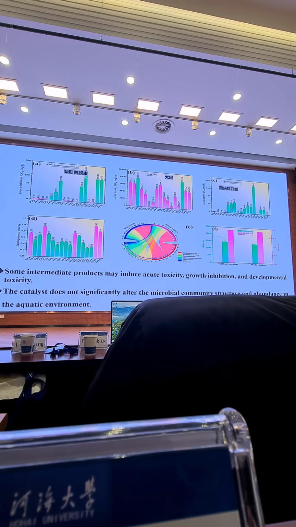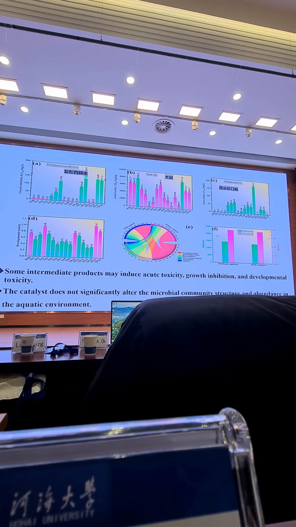So synergetic effect, radical and non-radical pathways play the key role. Valence state transition of the iron, along with electron transport, can activate PMS to produce radicals. Then this can reduce the different forms, then attack or accelerate it and formulate this diagram.